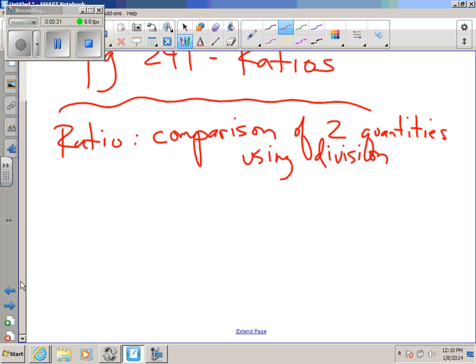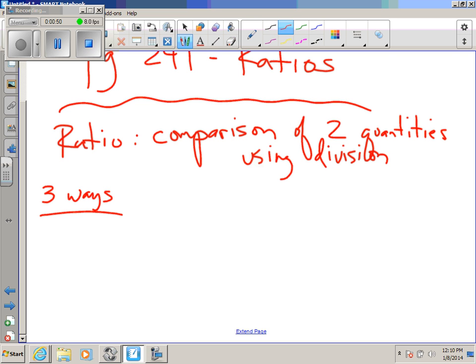You could compare girls in 7th grade to girls in 8th grade. Still a different quantity. We can write ratios in three ways.